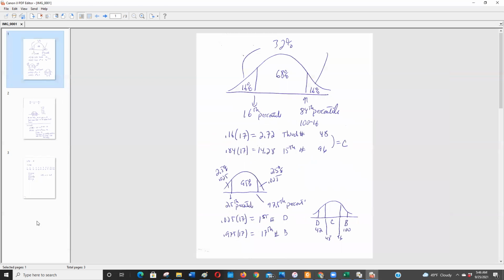So what I did with these values is I said, okay, if I've got the middle 68%, I know there's 16% below that and 16% above it, because 100 minus 68 is 32. And since it's symmetric, half is below, half is above.